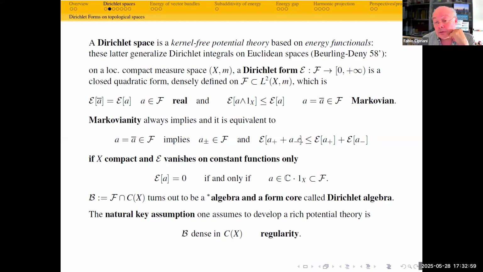In general, the second inequality is equivalent to the positivity preserving property of the corresponding semigroup. But in general, it does not imply the contractivity in any space apart from L2.